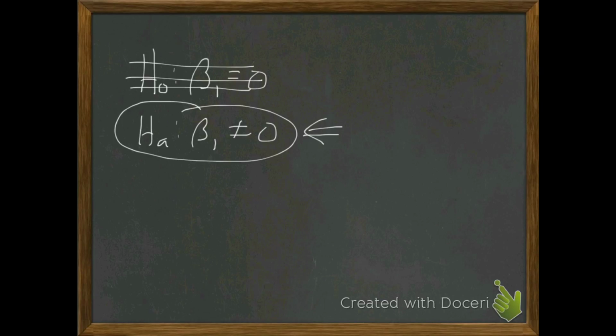So B1 not equal to 0 tells us a lot, but we want to know more, just where on a specified level of probability is beta 1. So we're going to do a 95% confidence interval here, which would be standard with alpha 0.05.